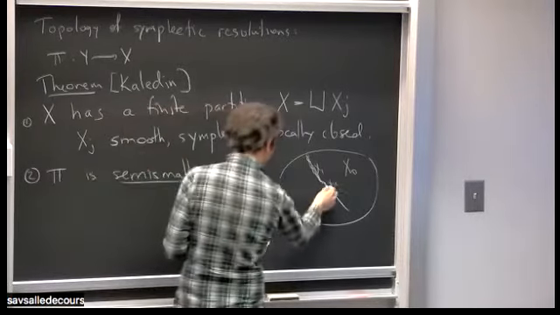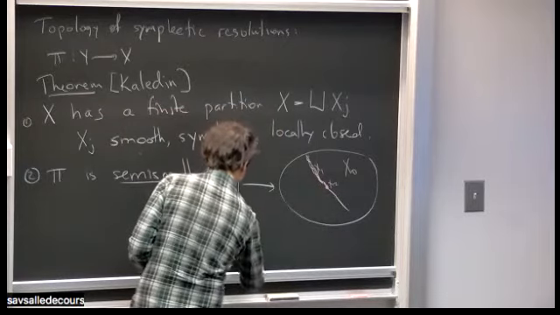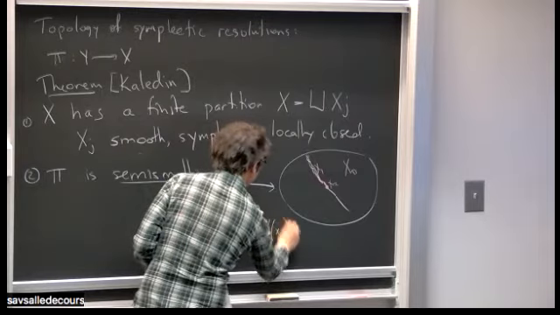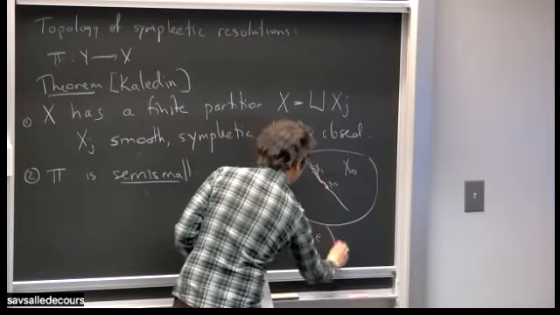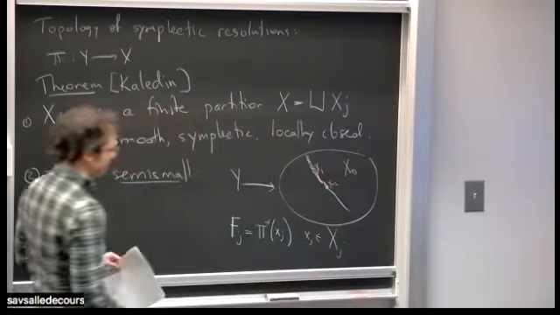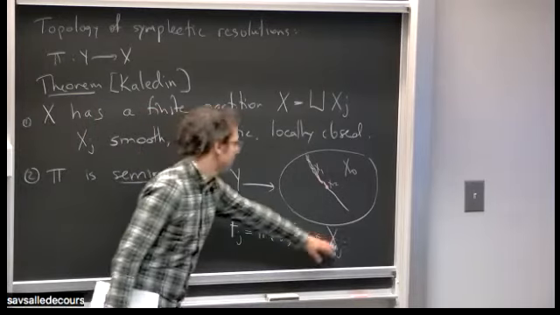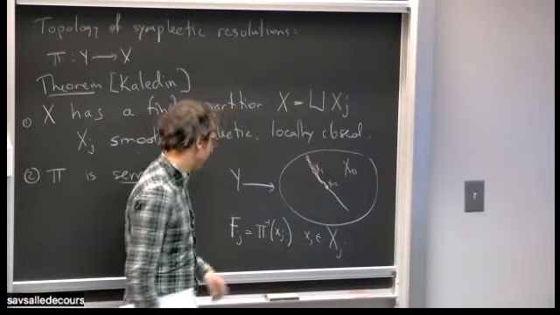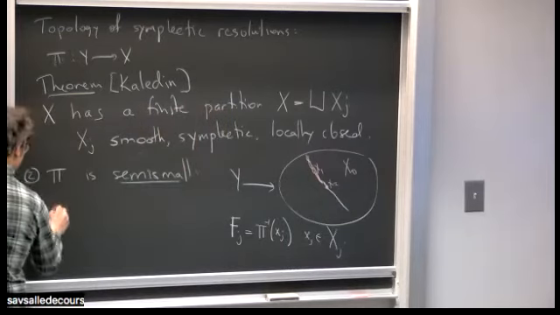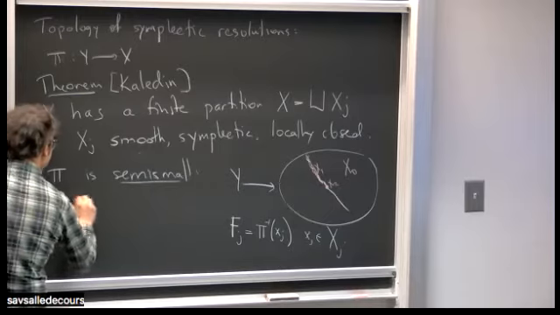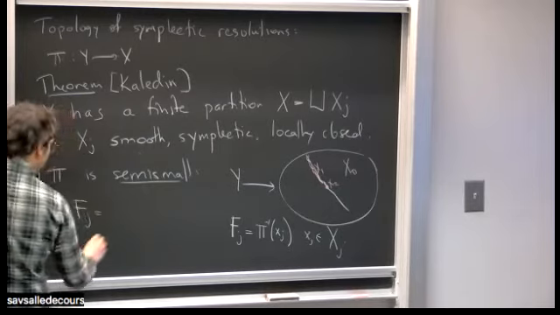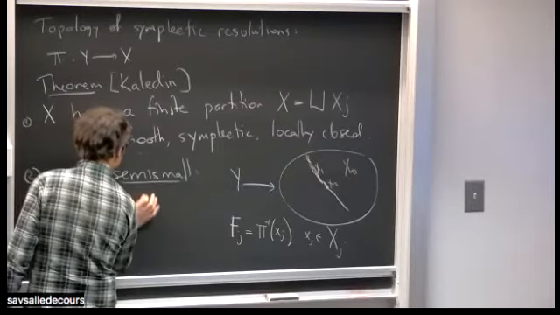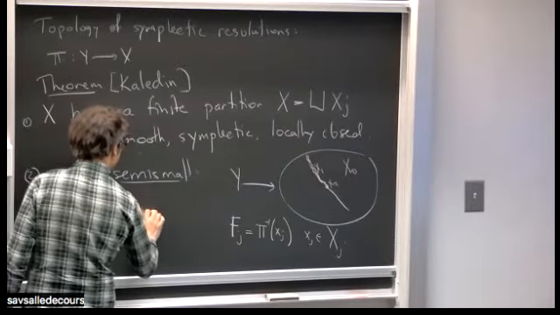We pick a typical point x_j of each stratum X_j, and let F_j be the fiber over it. Semi-small means that the dimension of the fiber is at most half the codimension of the stratum that it's over.